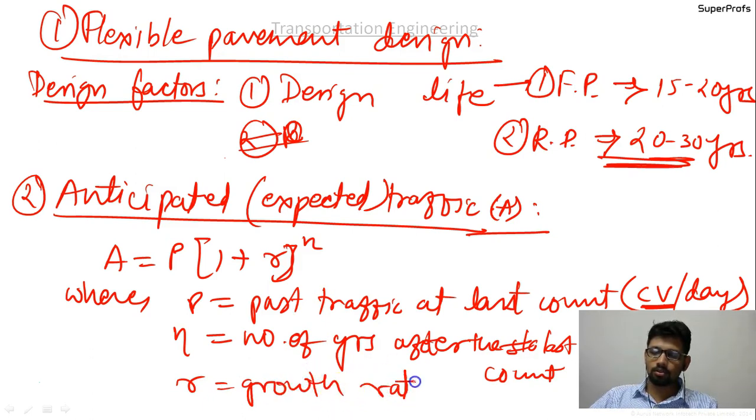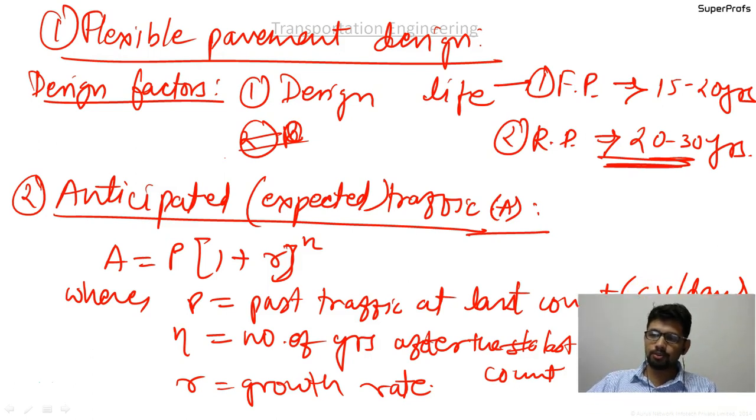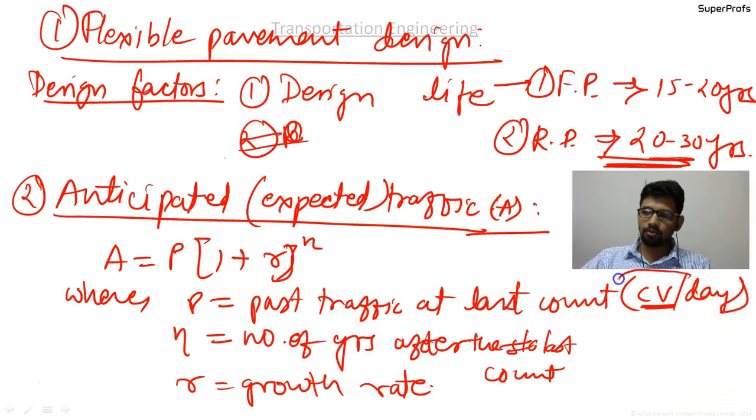We don't consider PCUs in pavement design. We consider commercial vehicles per day in pavement design.